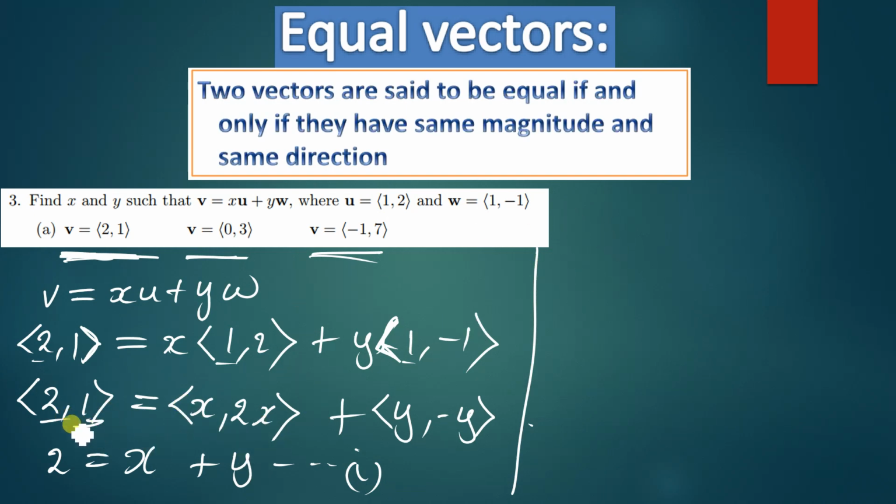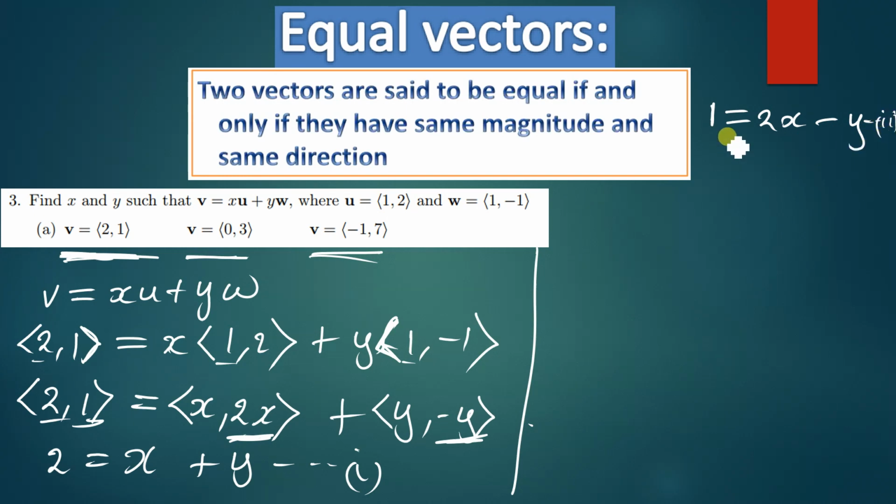On the left we have the Y component as 1. Then on the right the first Y component is 2X, plus the other Y component that we have on the right, which is negative Y. So this is my equation 2.